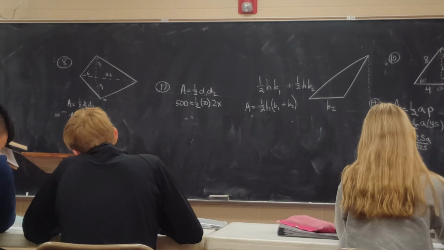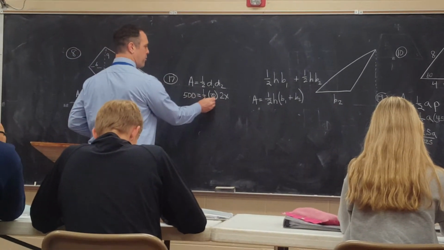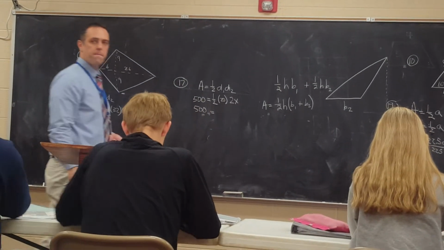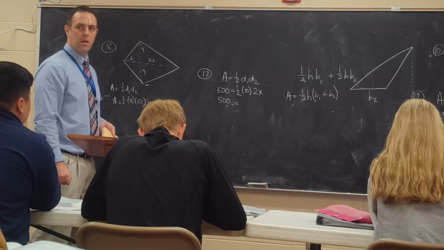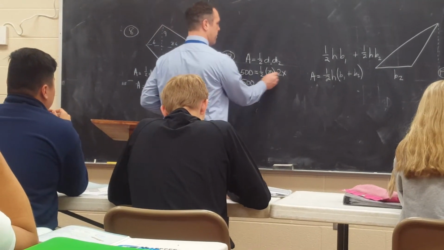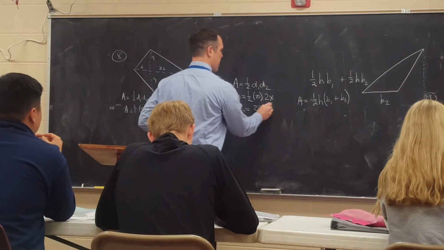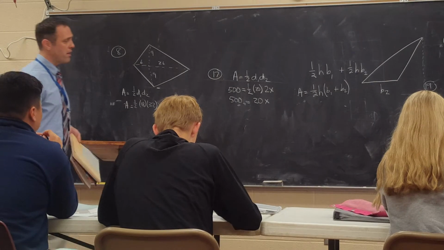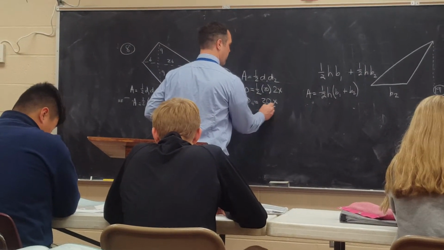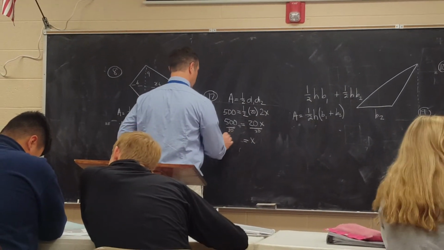Okay, so if you fill that in, then you can solve for x. So you've got 1/2 times 20 is what? It's 10. 10 times 2 is 20 times x, and then to solve for x, we just divide both sides by 20, which gives us that x is equal to 25.